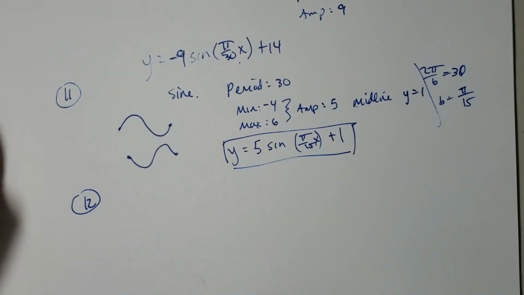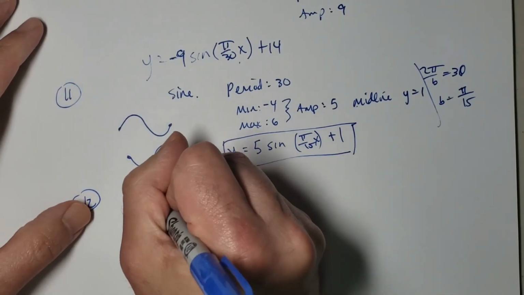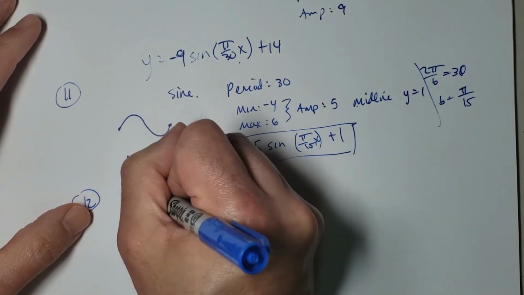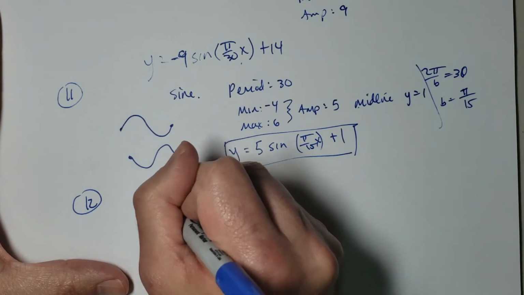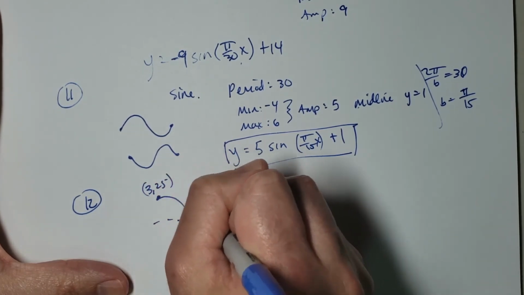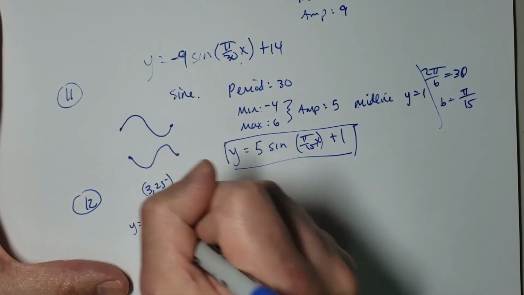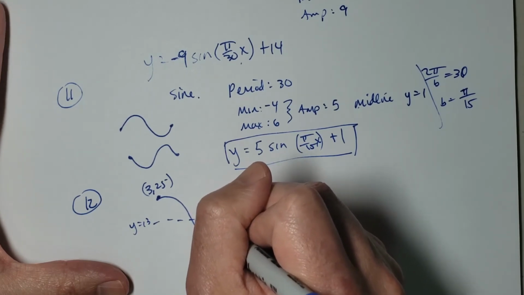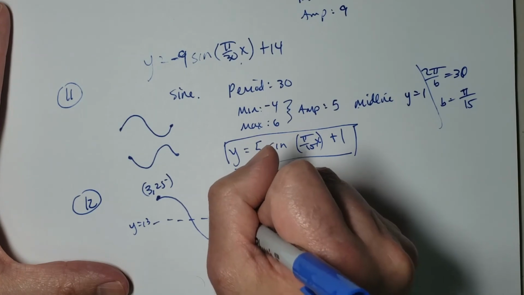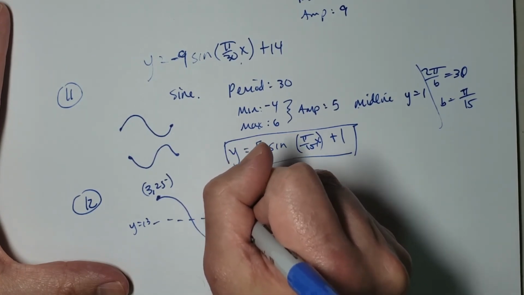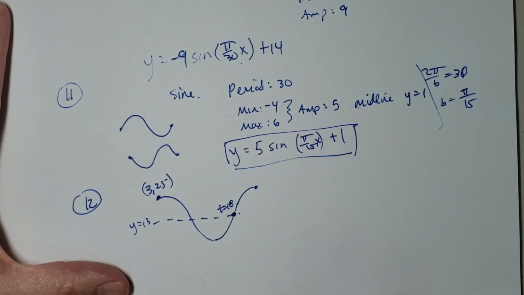The function starts at its maximum of 25 at time 3. It reaches its midline of 13 for the second time at time 18. So that's here. Ooh, tricky. And then back up to its max.